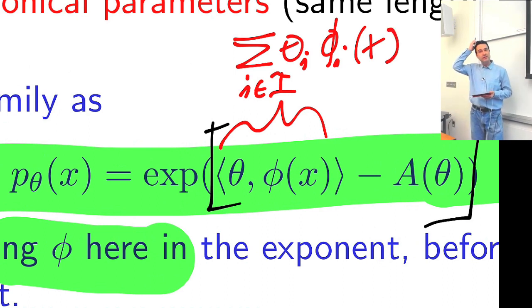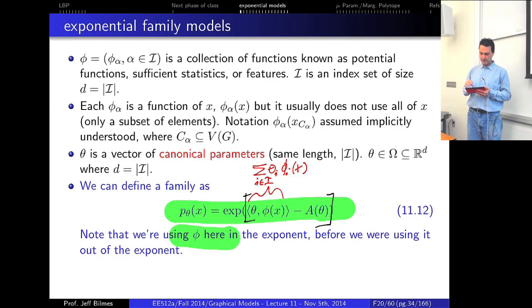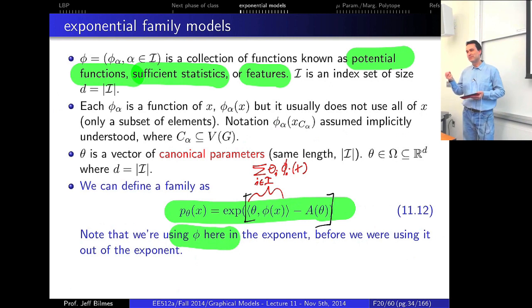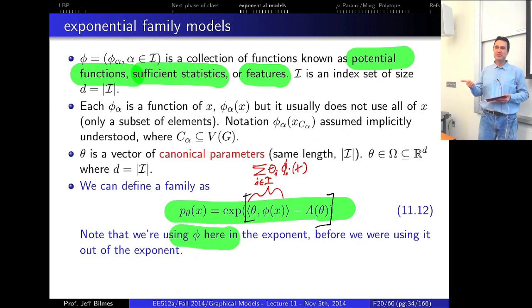So it's the dot product of the parameters times the statistics, or the feature functions. These are sometimes called sufficient statistics, or features, or potential functions, depending on if you're in the statistical physics literature, the statistics literature, or the applications literature.